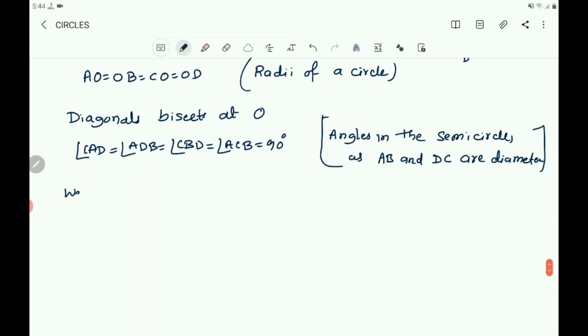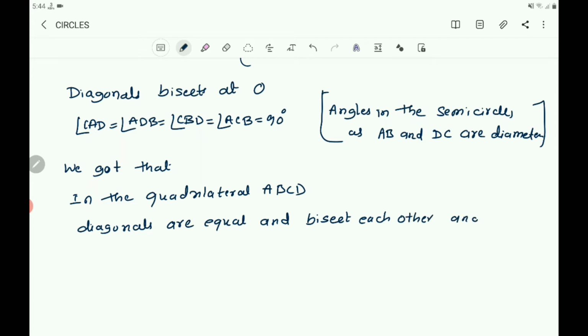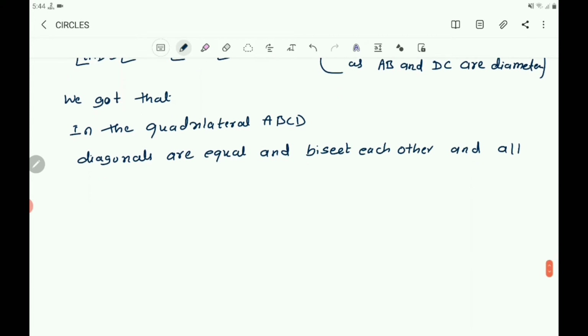Therefore, we got that in the quadrilateral ABCD, diagonals are equal and bisect each other, and all the 4 angles are equal to 90 degrees.